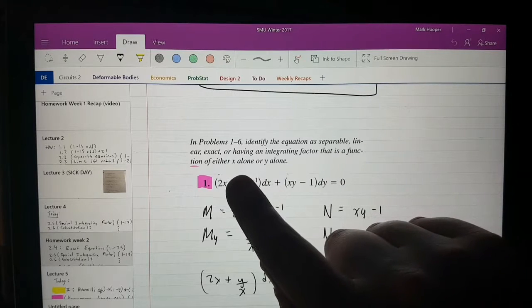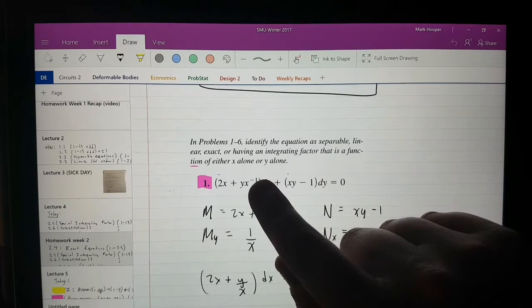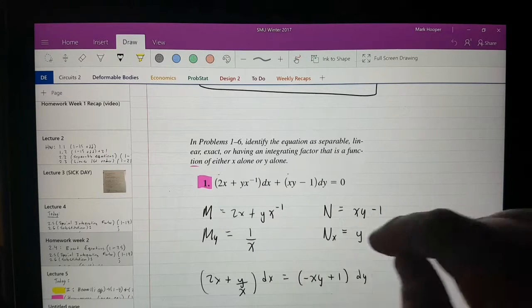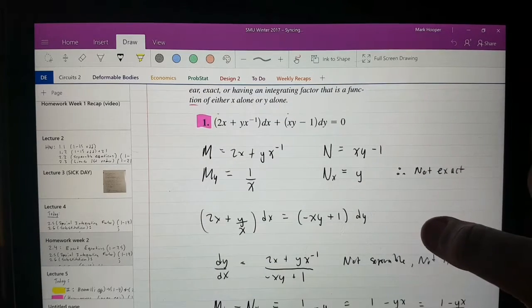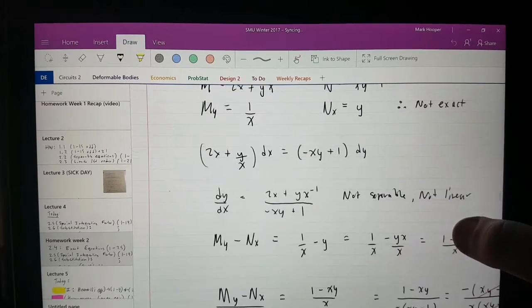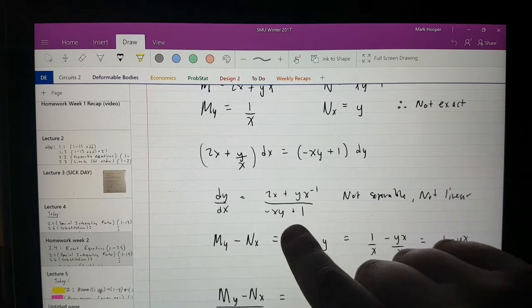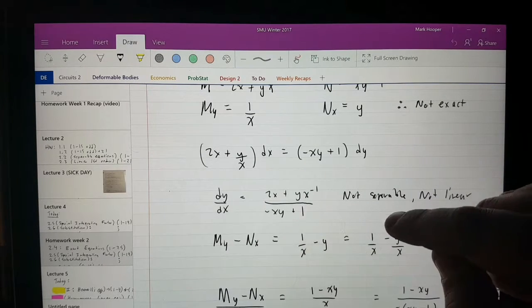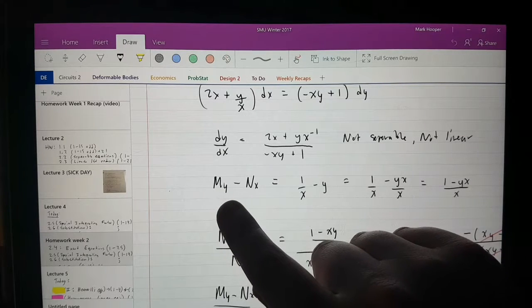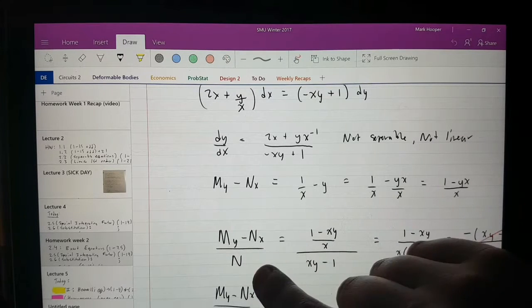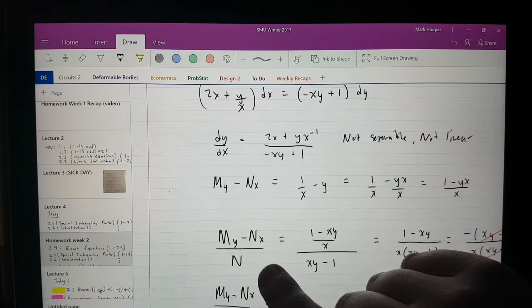Is it separable, linear, exact, or having an integrating factor that is a function of either x alone or y alone? So it's not exact, it's not separable, and it's not linear either when you look at it like this. My minus nx is going to be this. So this would be like your integrating factor.